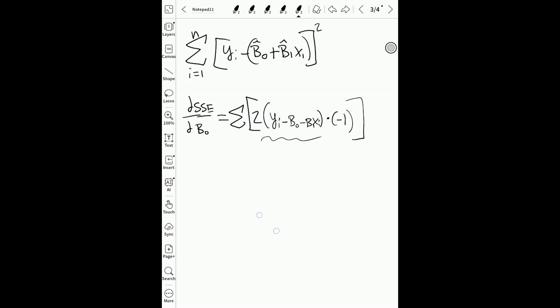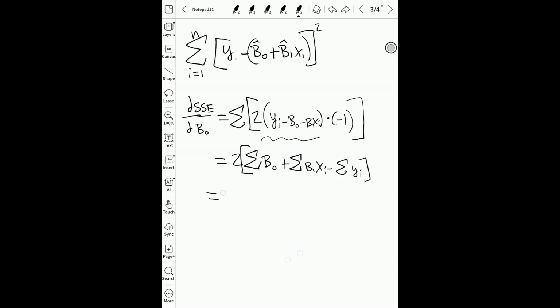We're going to clean this up a little bit. If we pull that 2 out of there, this could be rewritten this way. Actually, let's distribute that sum while I'm at it. So let's rearrange a little bit: the sum of beta naught plus the sum of beta 1 xi minus the sum of yi.